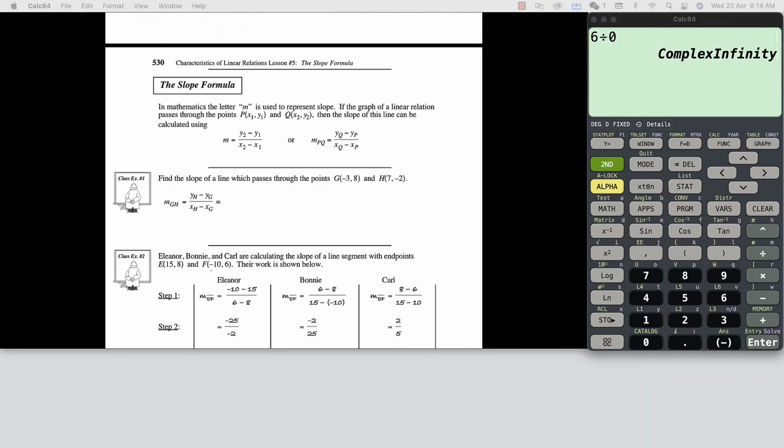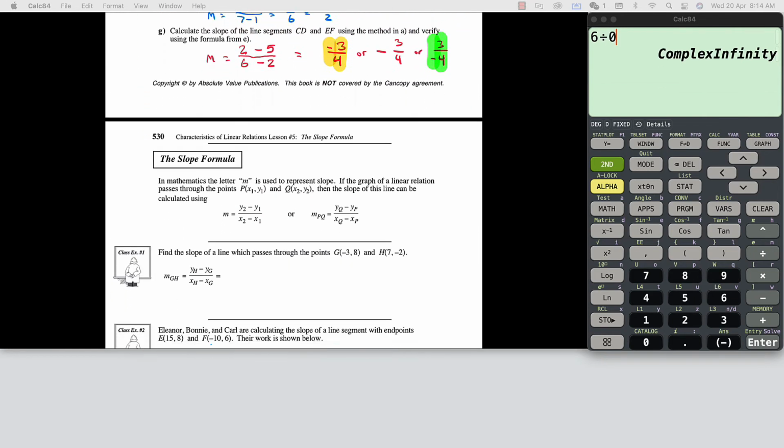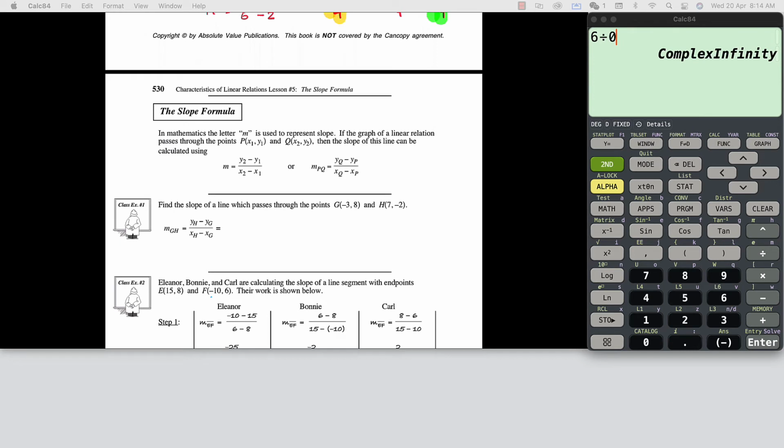Okay, so as we determined in the previous little section here, the slope formula is going to be represented by the lowercase m, and it's going to equal the change in y, which is y2 minus y1, over the change in x, which is x2 minus x1. Okay, so class example 1 says to take these two given coordinate points and plug them into the formula.